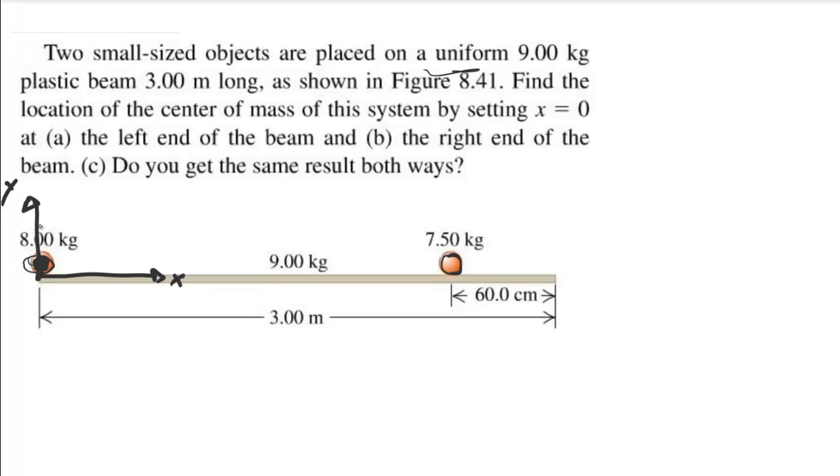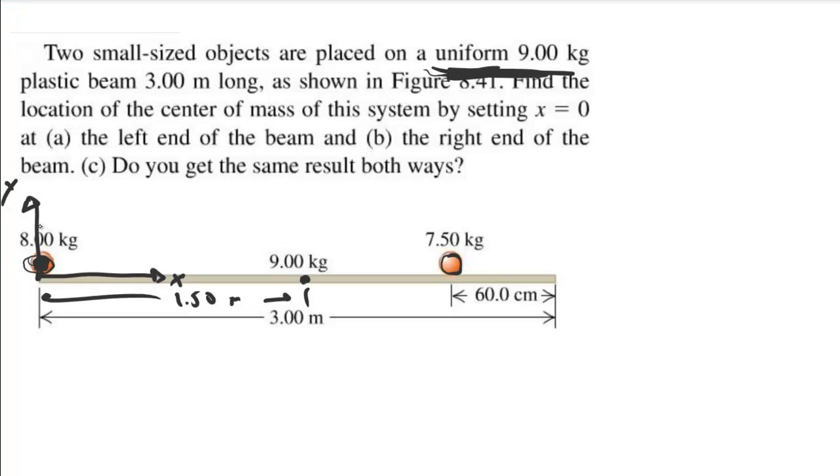It says that it's a uniform 9 kilogram plastic beam, 3 meters long, and because it's uniform, or homogeneous, then all the material is evenly distributed, and so the center of its mass would be at its geometric center. And so the center of mass of this 9 kilograms would be right here at 1.5 meters.